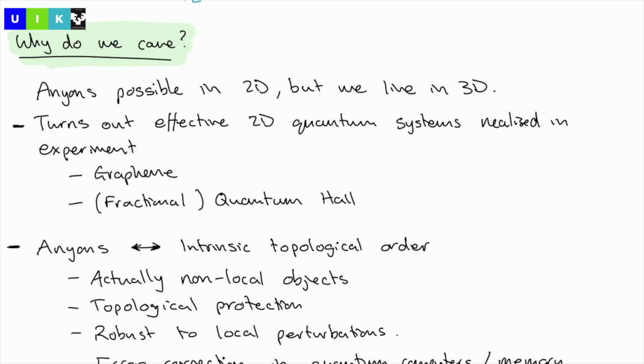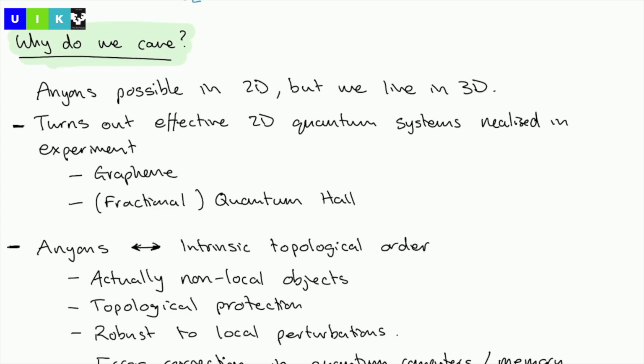We talked about what if we lived in a 2D world, we could get these anions, but why do we care? We're playing a game now where, let's say, we live in 2D. Well, it turns out that this is not just theorists playing a game.